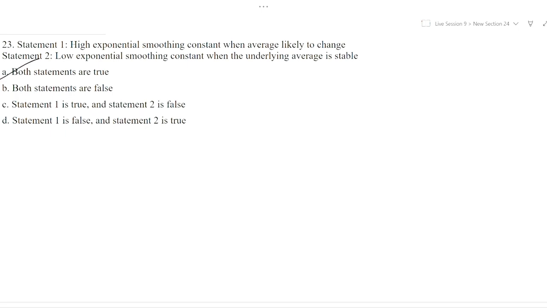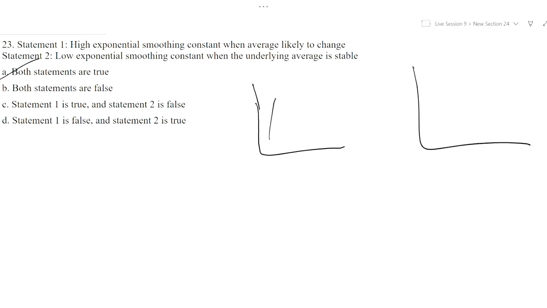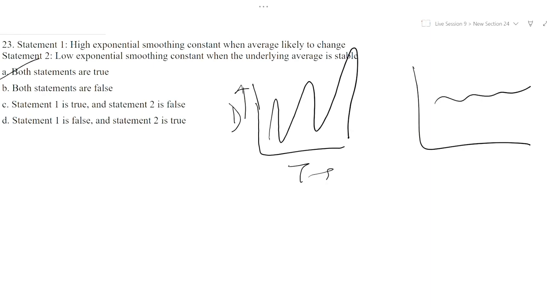We just discussed that a high exponential smoothing constant will have more fluctuation and a low exponential smoothing constant will have less fluctuation.